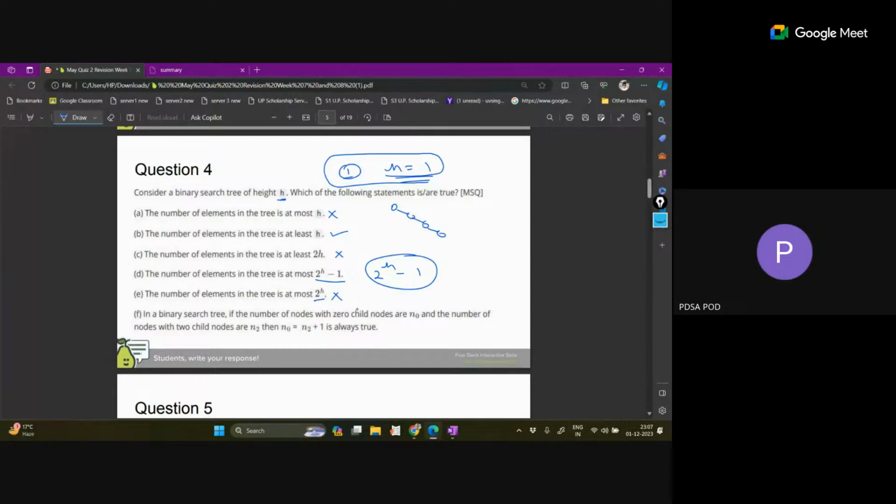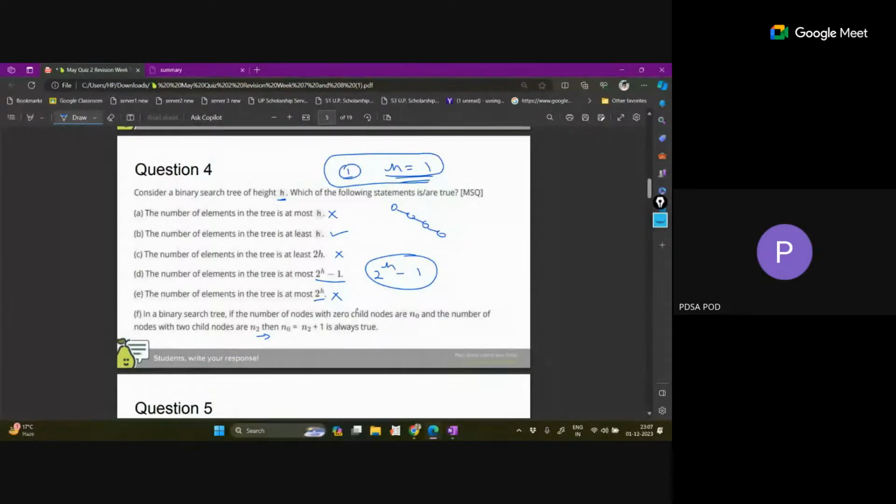In the binary search tree, I think we also discussed a similar question in the mock, which is based on this property. If the number of nodes with two children is given, what is the number of leaf nodes?